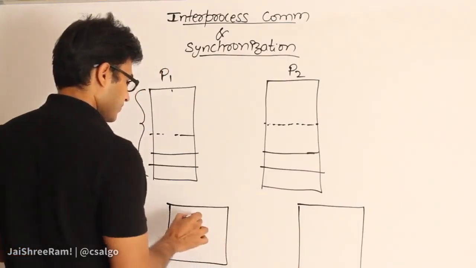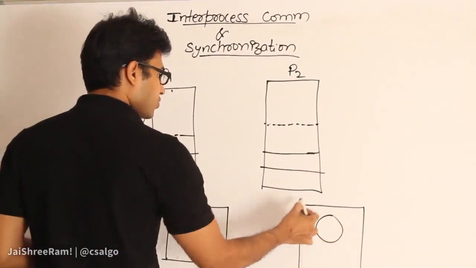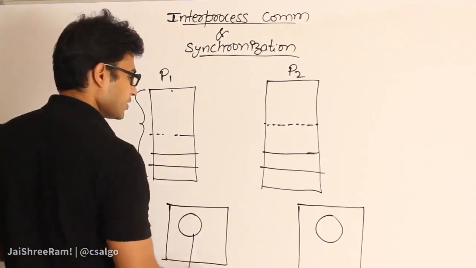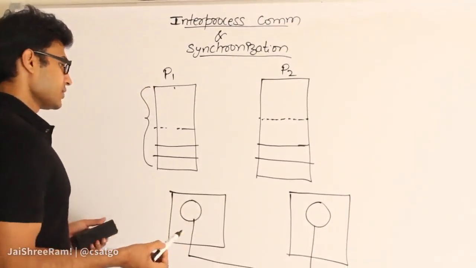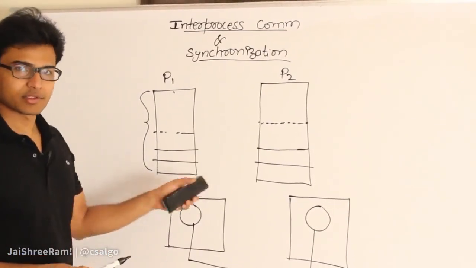Two processes are present in two different hosts and they want to communicate. There we use the protocol stack, ISO OSI, TCP/IP, for this inter-process communication.